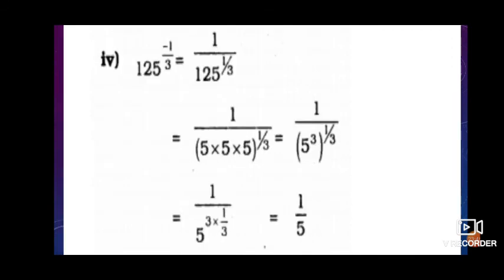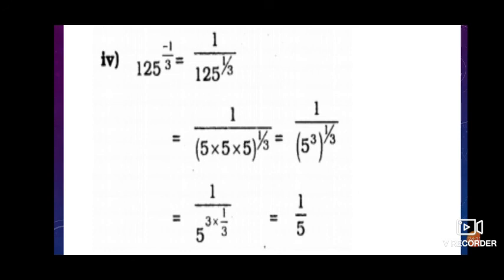Next, children, here 125 whole to the power minus 1 by 3. Same way, here we can see this is a negative exponent. So first we will convert it to a positive exponent by sending it into the denominator, taking the reciprocal. After taking the reciprocal, 1 by 125 whole to the power 1 by 3, which is positive.